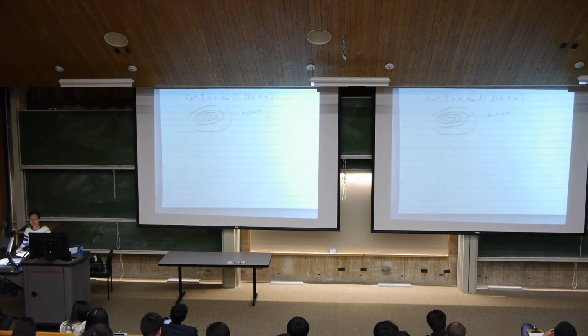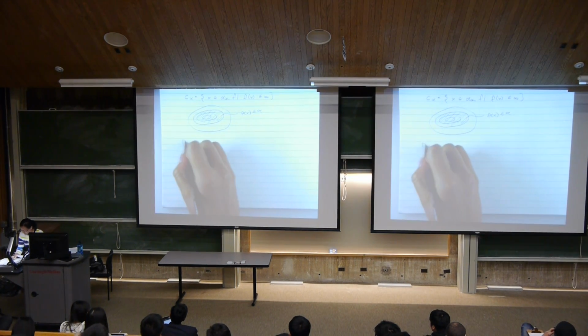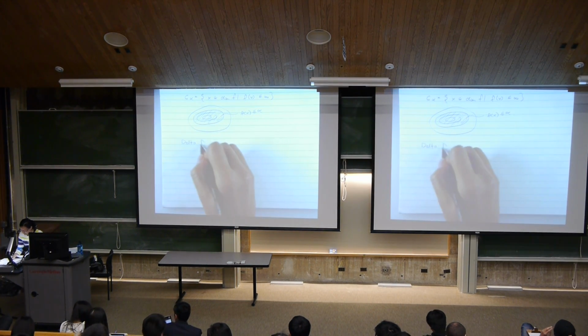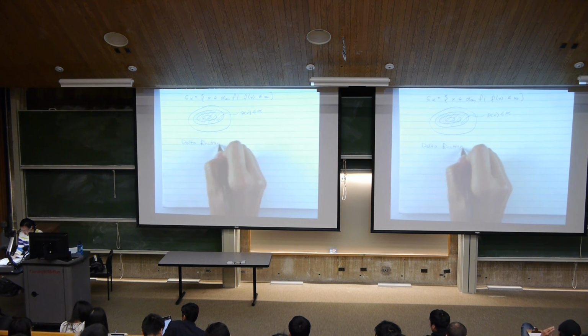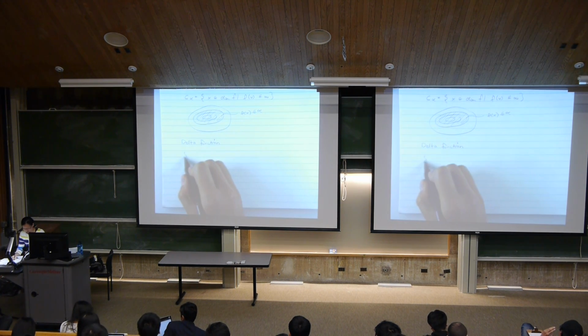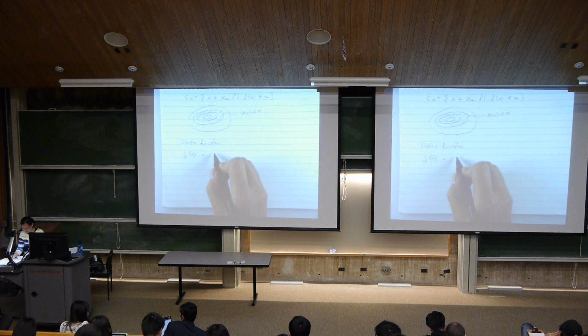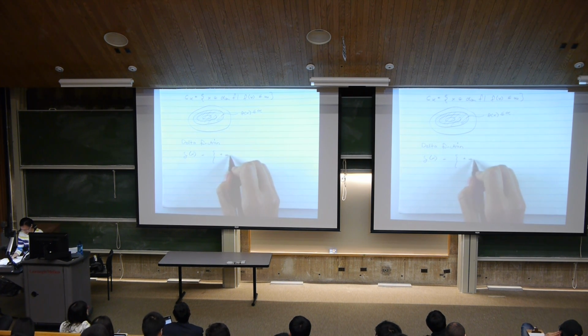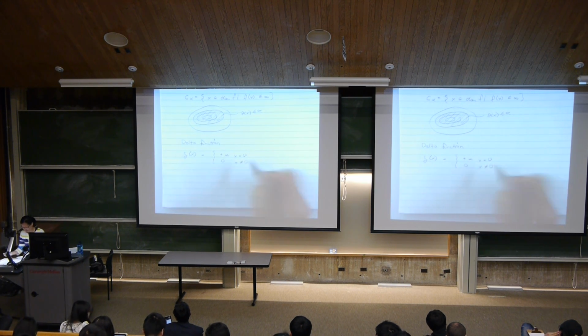So there are people from ECE here. The delta function is equal to positive infinity when x equals 0, and 0 where x is not equal to 0.